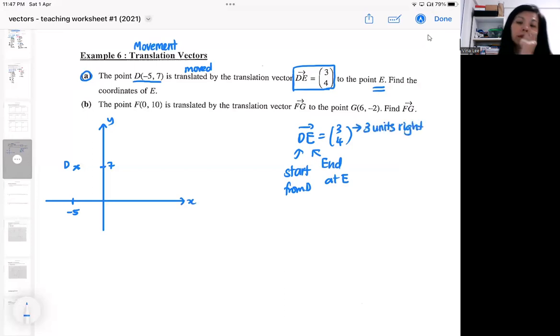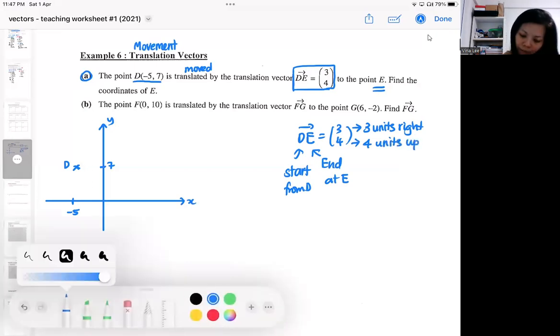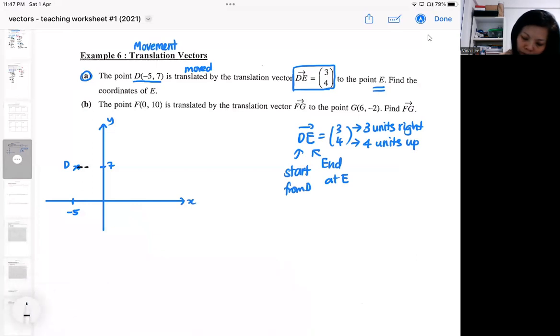We talk about the meaning of the numbers in the front part of vectors. And then I'm going to do 4 units up. Correct. So visually, it's going to be something like this. I'm going to do 3 units here, and then after that, 4 units up. So I will get E. So that is the translation vector. It is telling you to move 3 units to the right and then 4 units up.